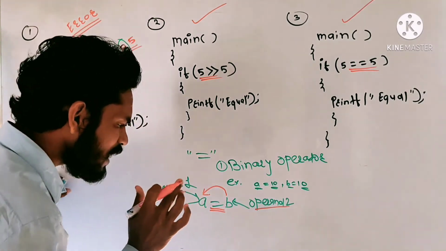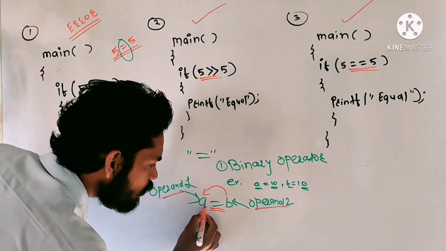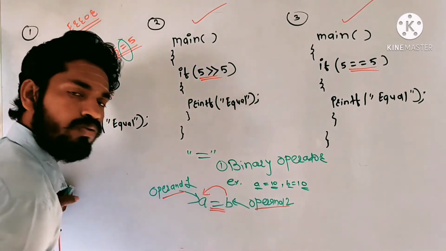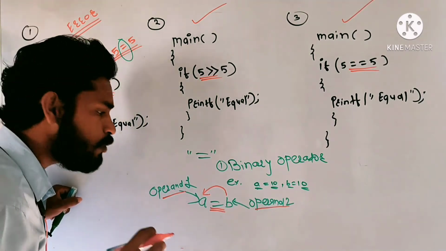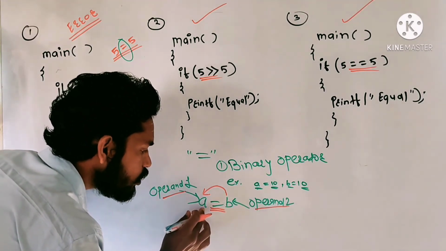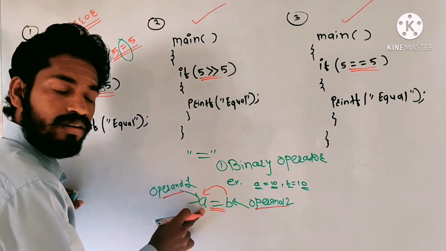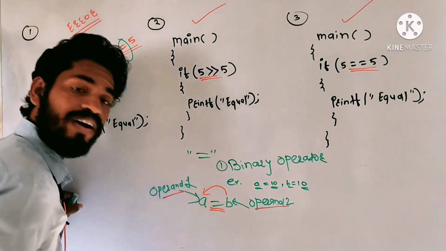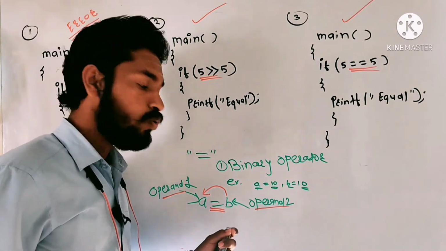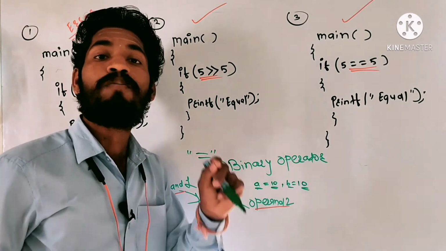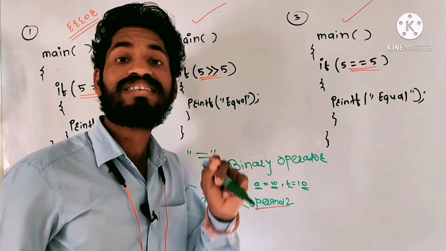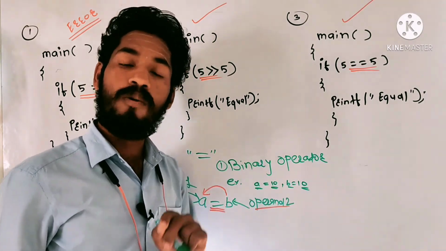We can say operand 1 is modified because of operand 2, the content of operand 1 is modifying. So we can conclude that the assignment operator modifies the operand.